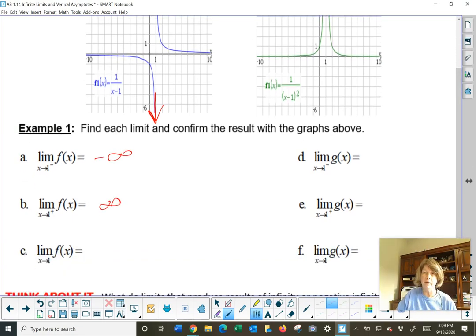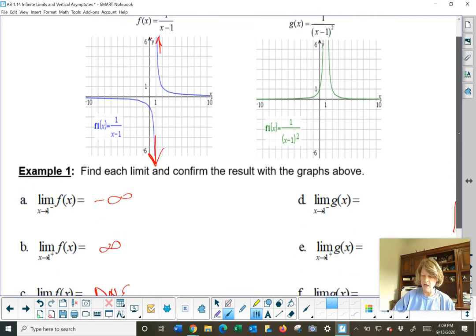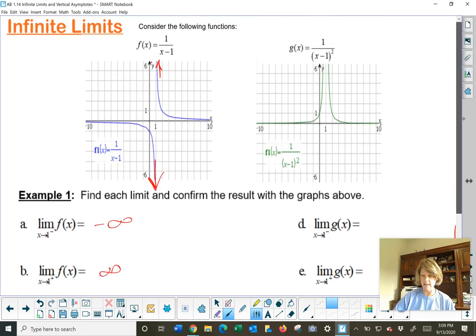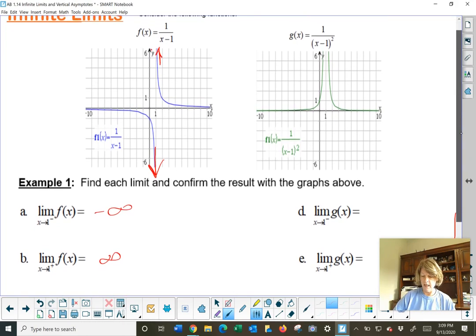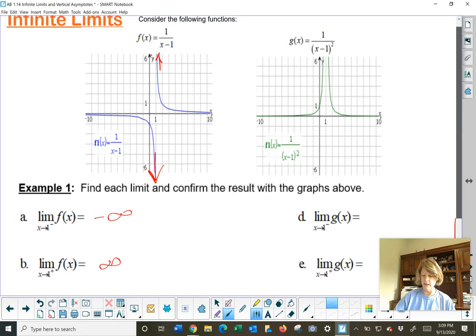And therefore, as we look at the limit as x approaches 1 from both the left and the right, we have them go in two different directions. Therefore, we must answer that the limit does not exist. D through F talk about the second equation, the quantity squared equation, and I look at 1 from the left on there, and we are headed to positive infinity.